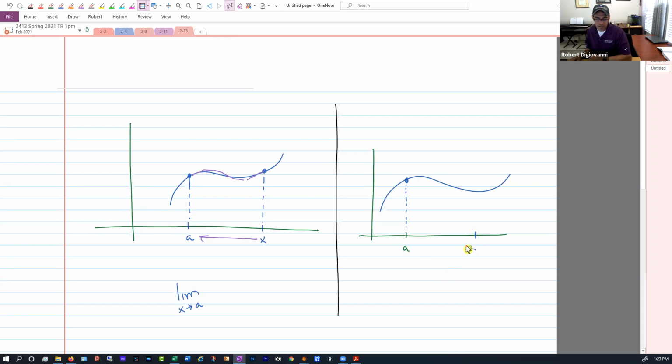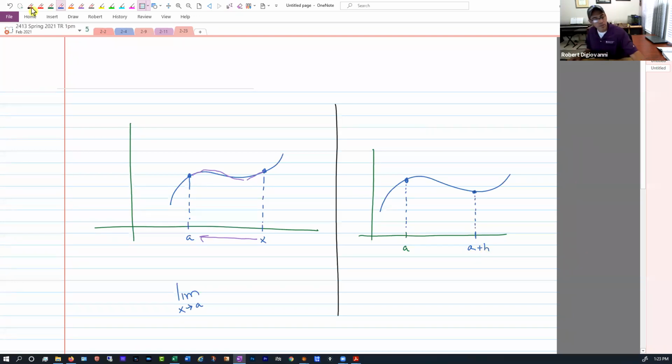Because if it's A, then those are the same. So I'm going to say it's A plus a little bit. So H is just some number. I'm saying if this is A, then this has got to be A plus a little bit. Do you all agree? This point would be to the right of A because it's A plus something. So I'm going to put that point here.